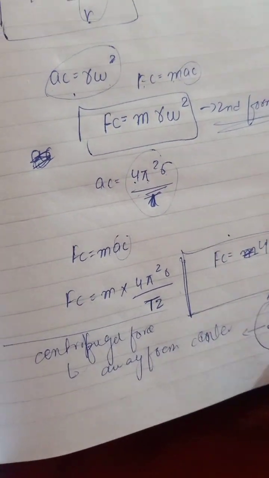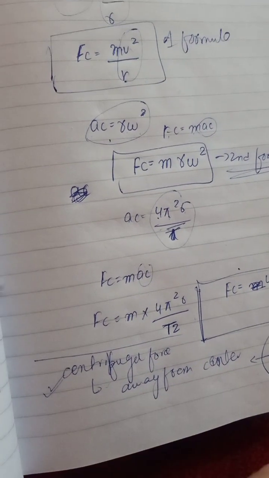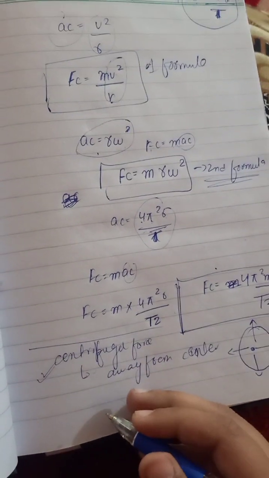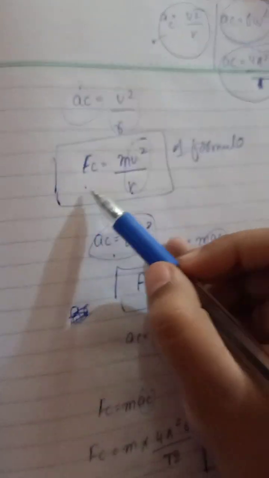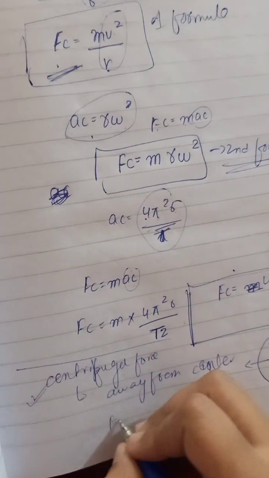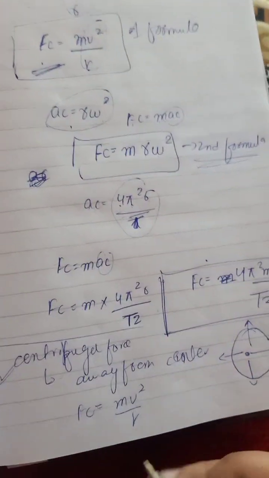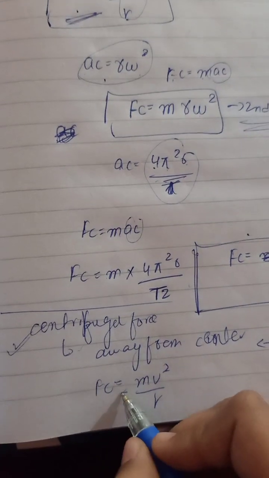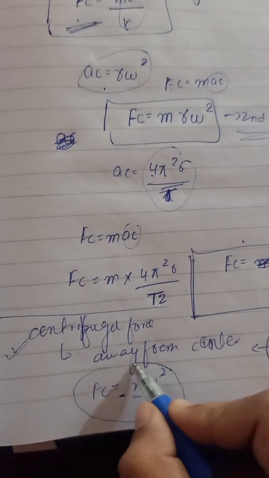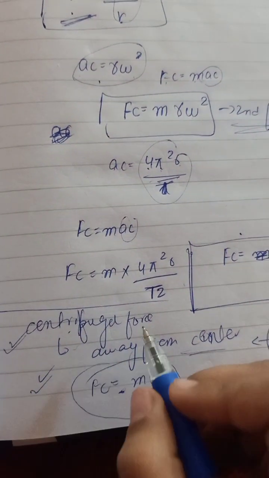For example, I'm having a circle here, and the centripetal force was toward the center. The force which is away from the center is called the centrifugal force, and it is the opposite of the centripetal force. The first formula of the centripetal force was F_c is equal to m v square upon r. This formula is the same, just a minus sign is there. Why the minus sign? Just because it is away from the center. So this is the formula of the centrifugal force.